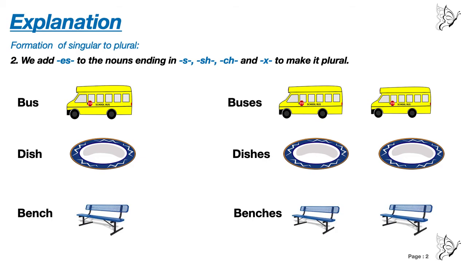In this page, rule number 2: we add es to the nouns ending in s, sh, ch, and x to make it plural. All the nouns you see on the left hand side, bus, this word is ending in s.